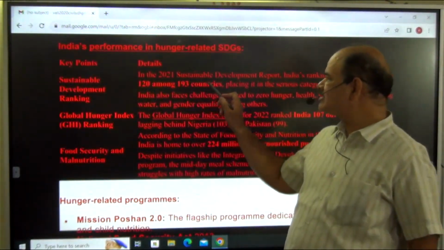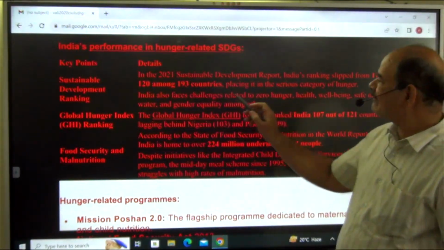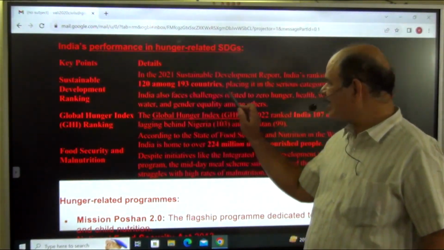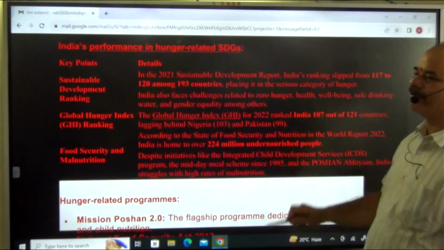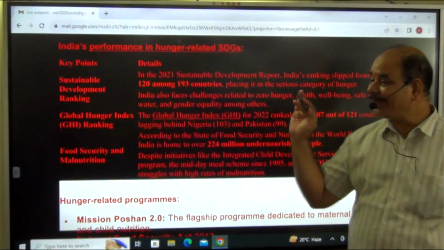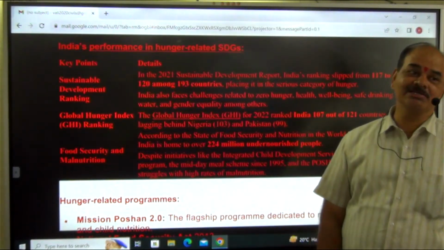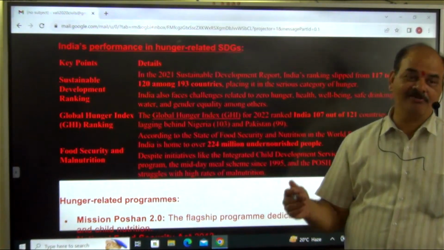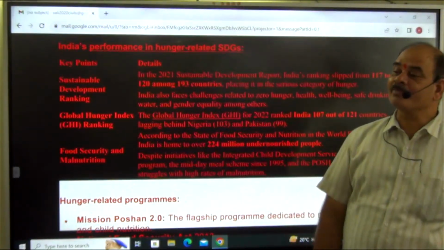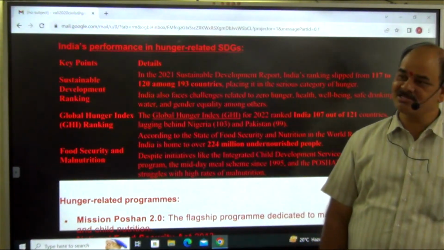In the 2021 Sustainable Development Report, India's ranking slipped from 117 to 120 among 193 countries, placing it in the serious category of hunger. The problem is the inequalities in India. The problem is the lack of transfer from surplus to deficit. It may be for many reasons.